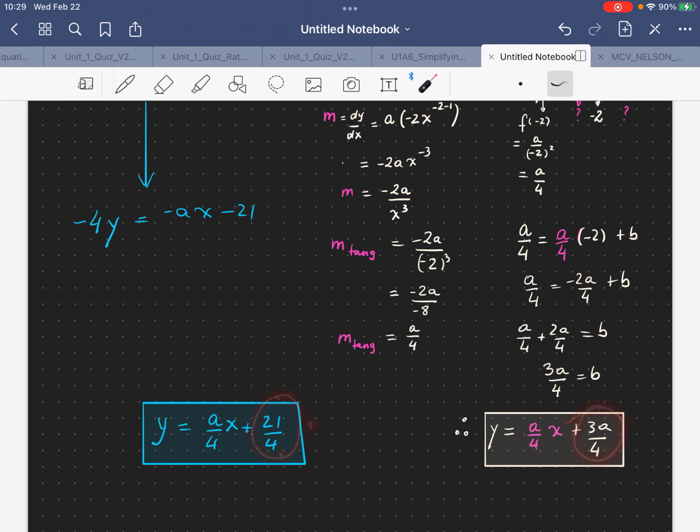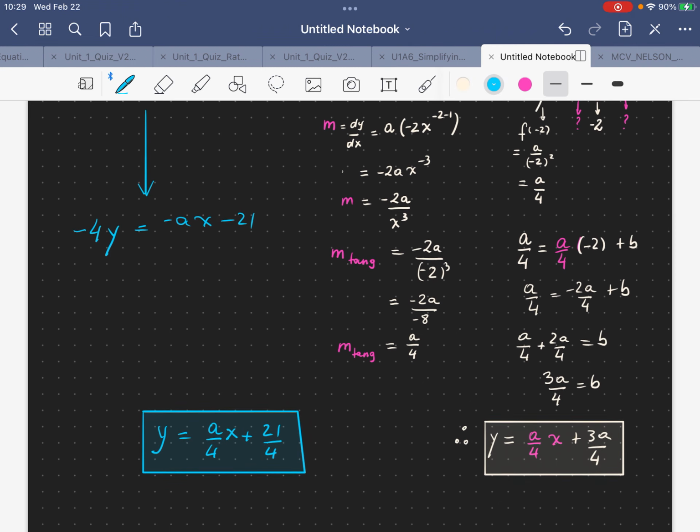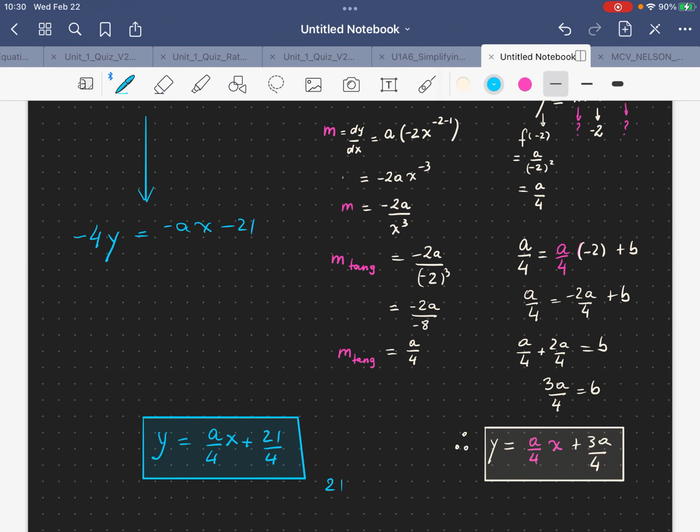So we're going to say we have to use the given y-intercept from the equation of the tangent that was given and the equation of the tangent that we found. So we're going to say that 21 over 4 must equal 3a over 4.